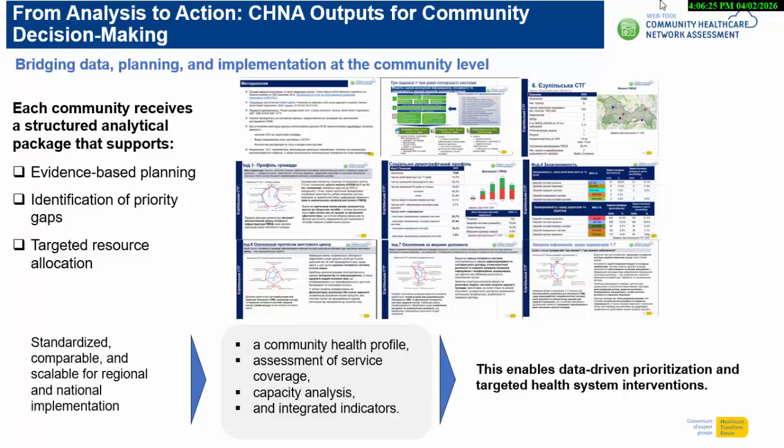And you see these radial diagrams show different composite indices of the gramada profile, population profile, and services profile, availability of resources, availability of different types of care at the gramada level.